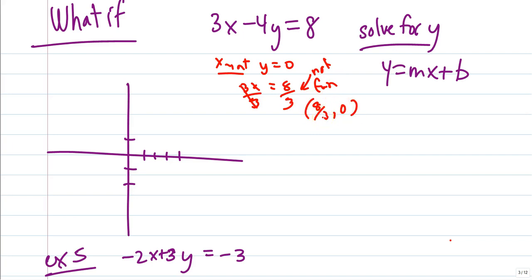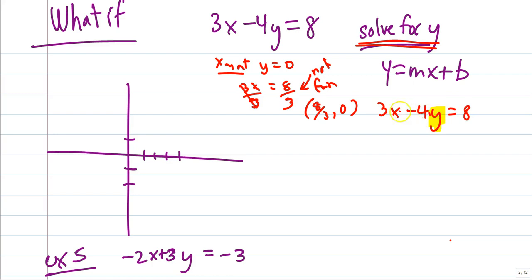So the other option is, let's put this in mx plus b form. Let's take this 3x minus 4y equals 8 and solve it for y. We did this on our last test, so you should already be somewhat comfortable with this.